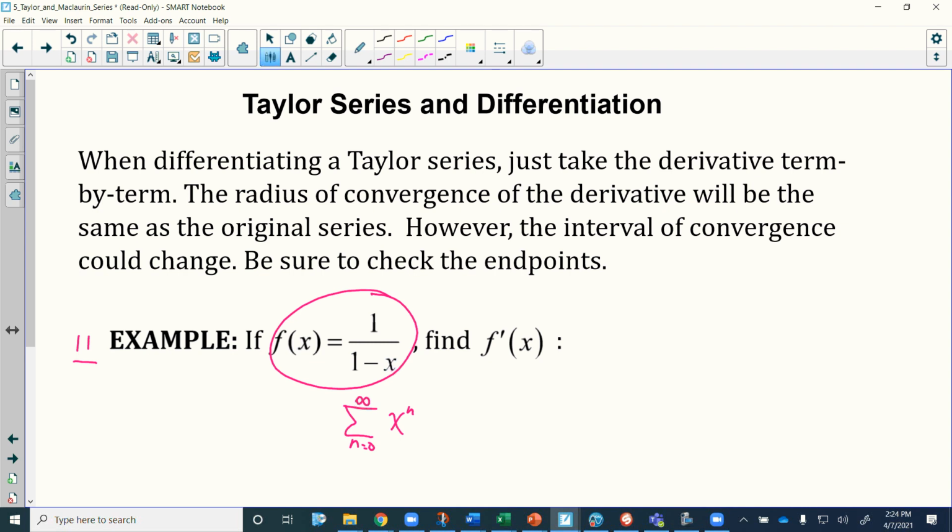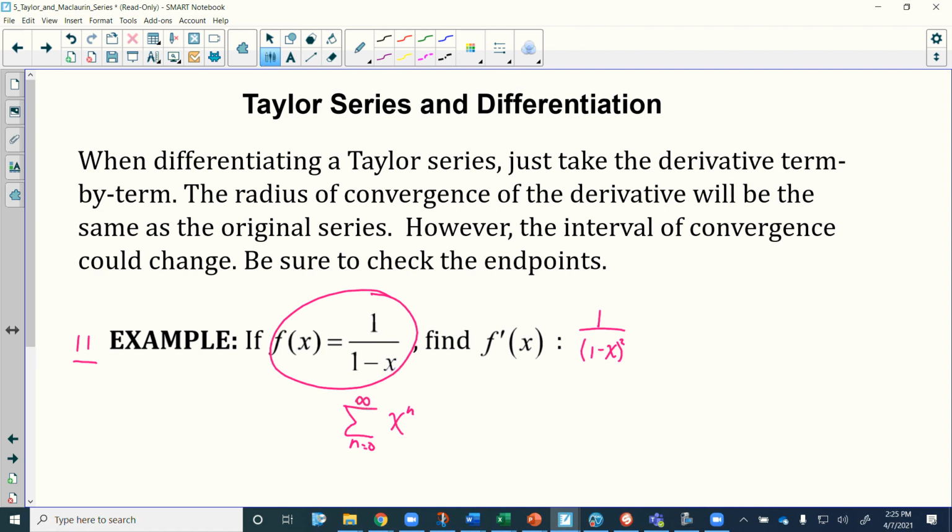But find the derivative f prime of x. Well, here this is literally just asking us to find the derivative. Sorry for the bell. And we're going to say 1 over (1 minus x) quantity squared is the derivative.